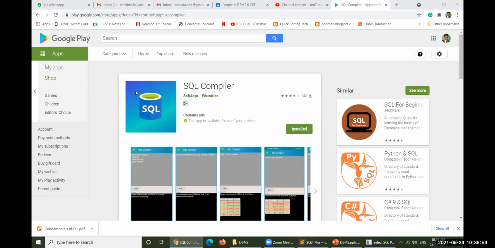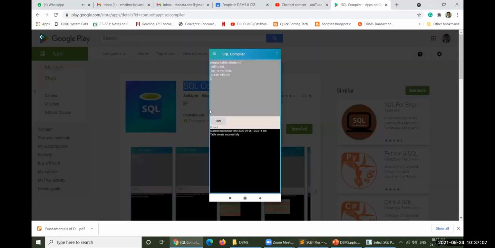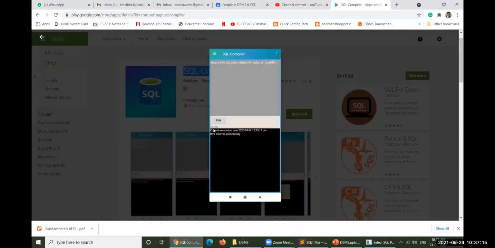But if you want to execute through Android mobiles, please download this kind of app into your Android mobile. And then whatever queries I have given, you can execute, something like create a table, insert into values, everything could be done in a proper way. I don't know whether it is visible to you or not.